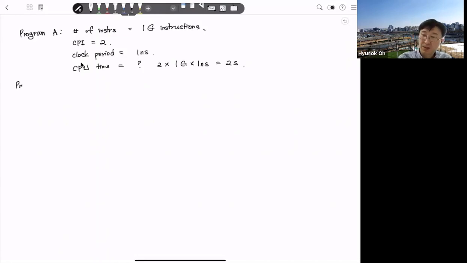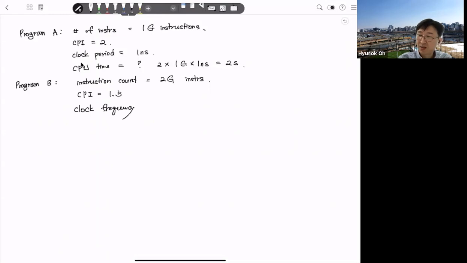Let's look at another one. Program B, number of instructions or instruction count, it's the same wording, is 2 giga instructions. CPI is 1.5. Clock frequency is 3 gigahertz.